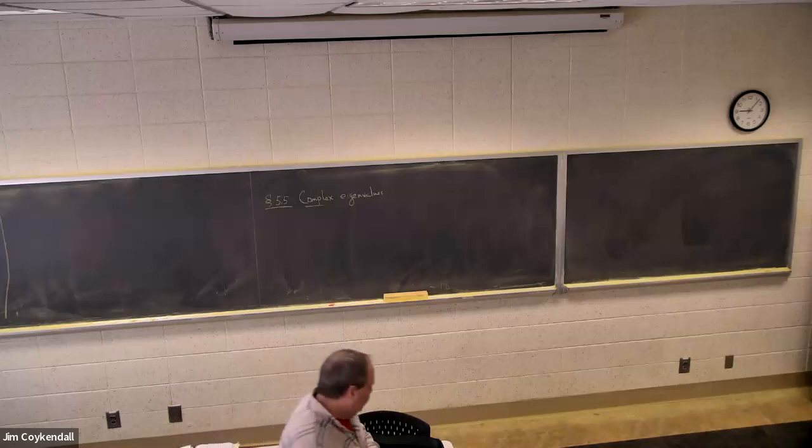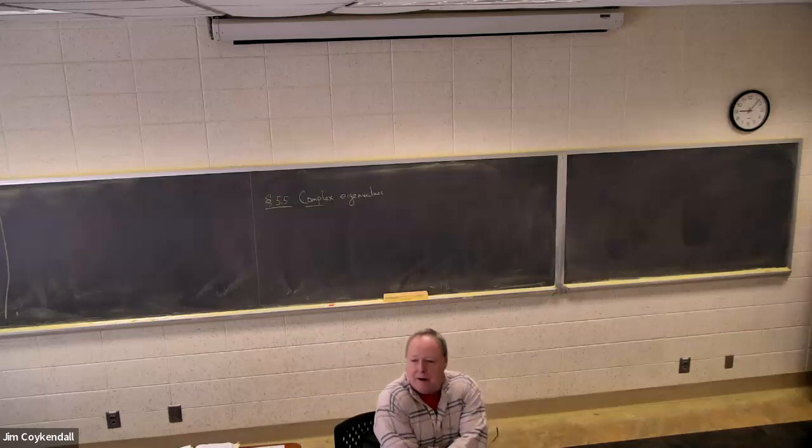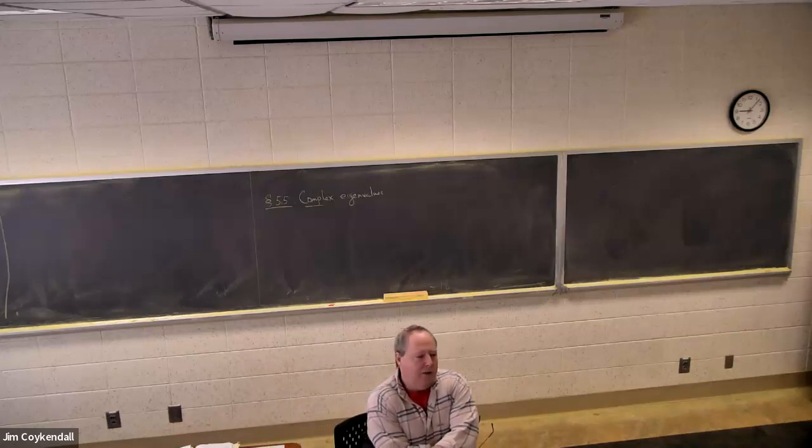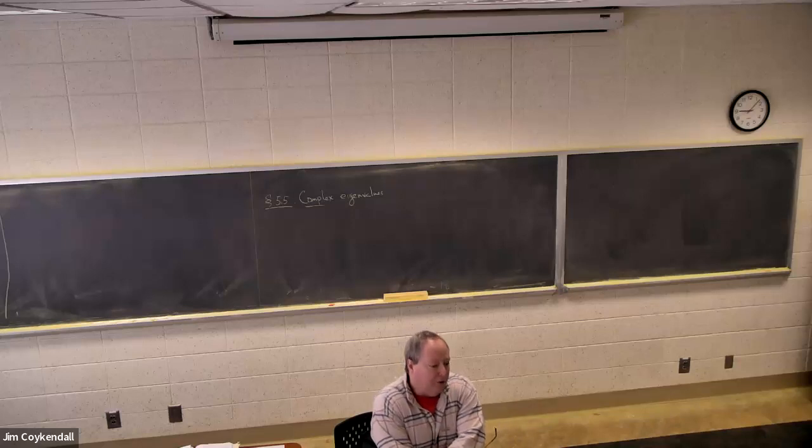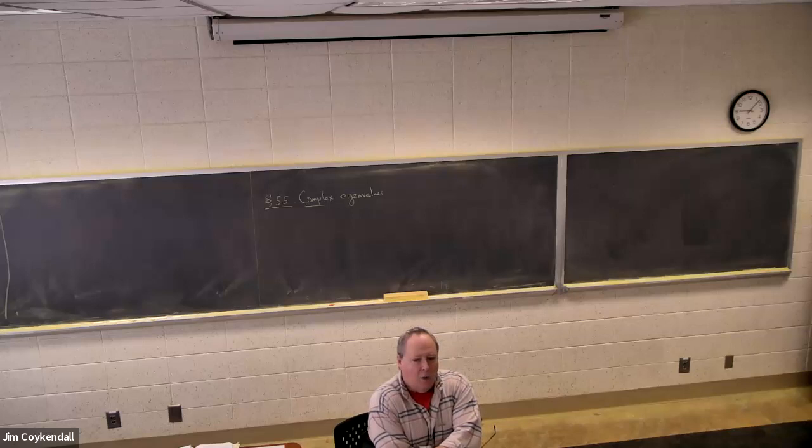The big thing about complex eigenvalues is when it's the root of a real polynomial, if you have a complex root of a polynomial with real coefficients, a root that's not a real number, so it's actually got an imaginary part to it, what else do you know? What other root must you have?